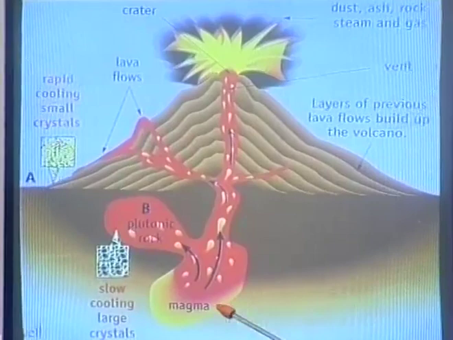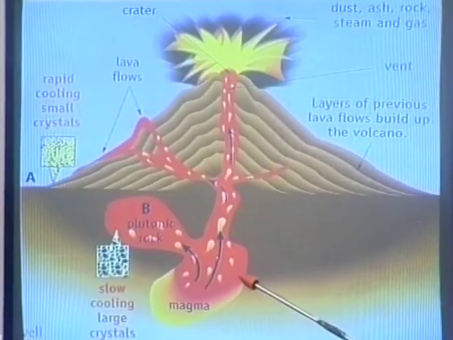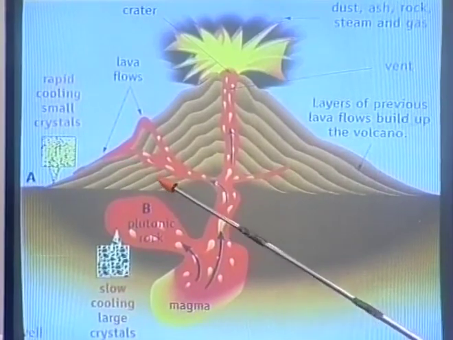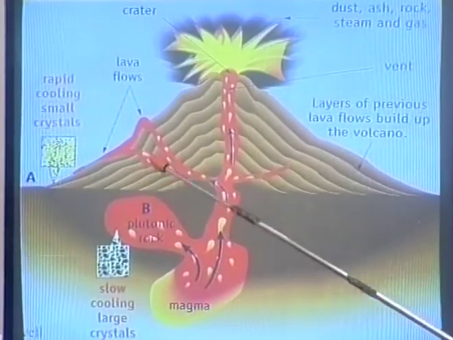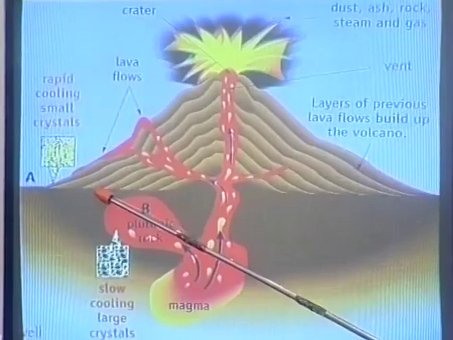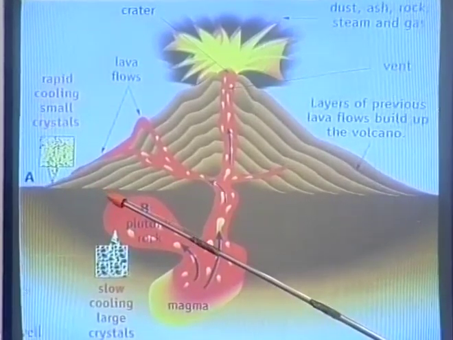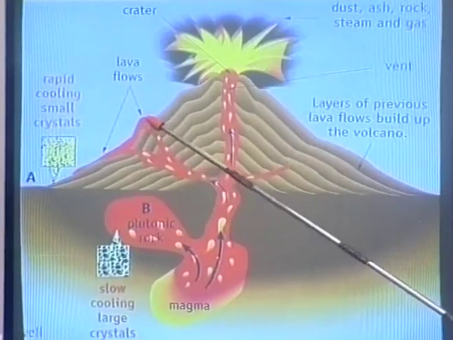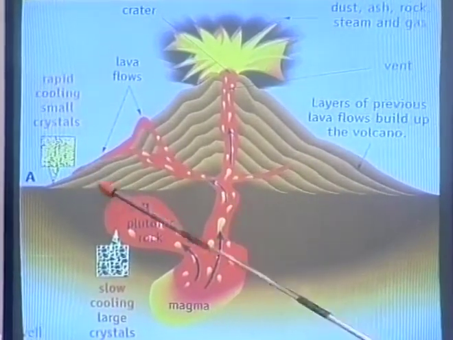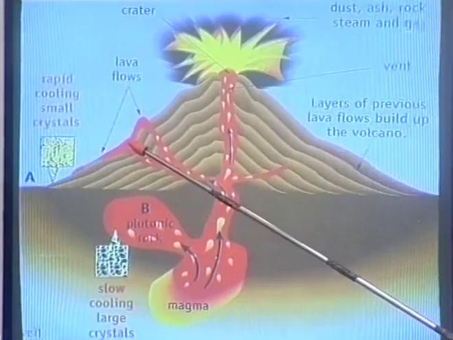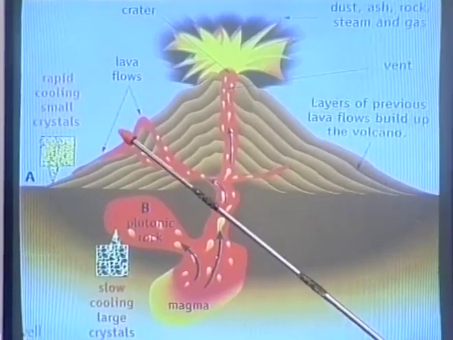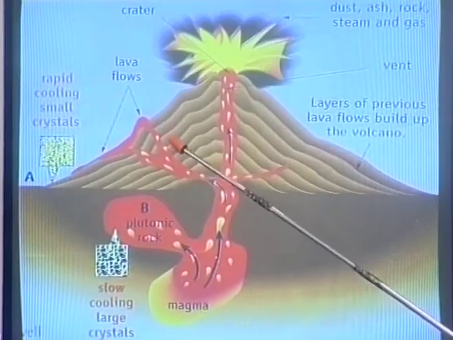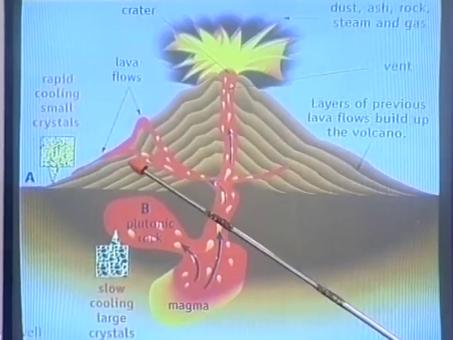When it's in the earth, it is magma. Once it comes out of the earth in the form of a volcano, then that liquid on the surface is known as lava. Now, when the lava flows, it cools quickly and forms one of the igneous rocks that we will be looking at soon.